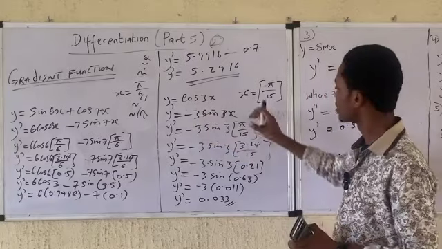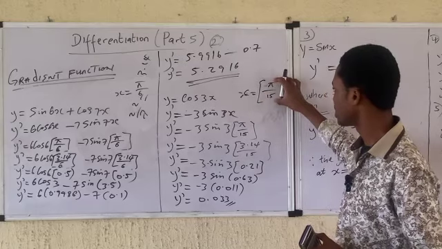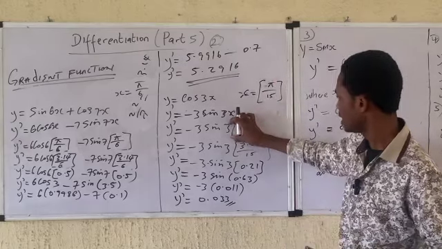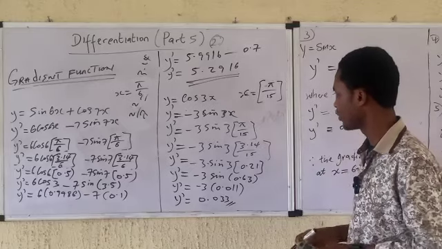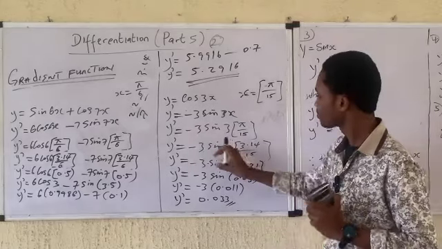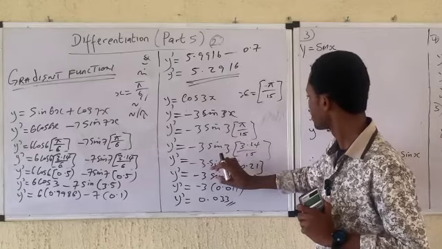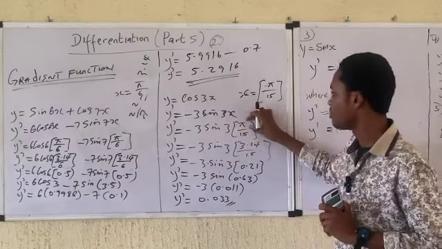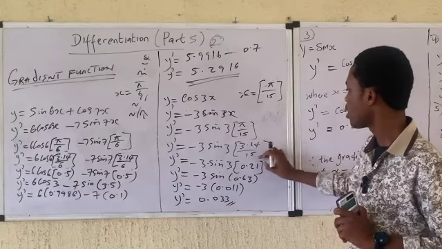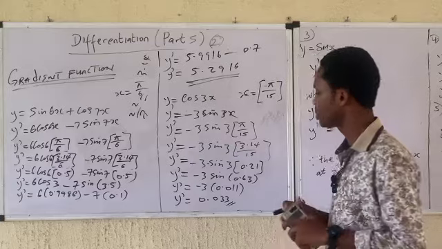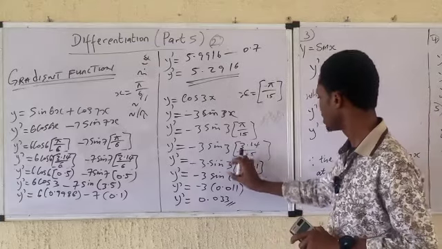Now, wherever we see x, we replace it with pi all over 15. Y prime equals minus 3 sin 3 times pi over 15. Remember that our pi is 3.14 all over 15.